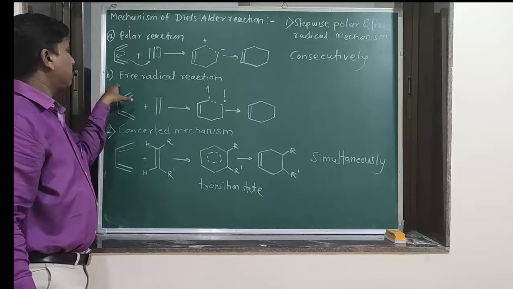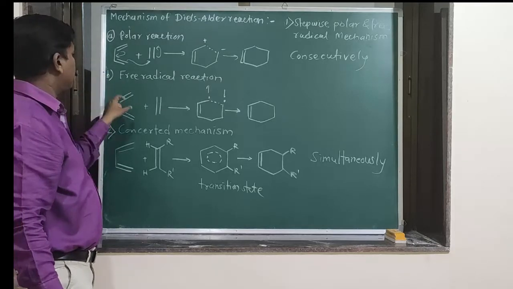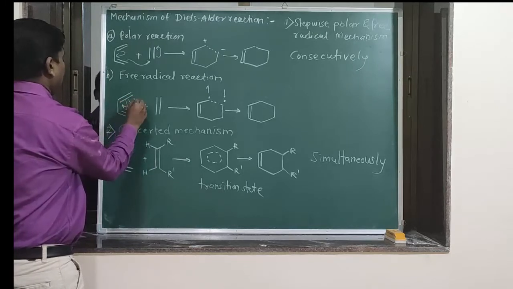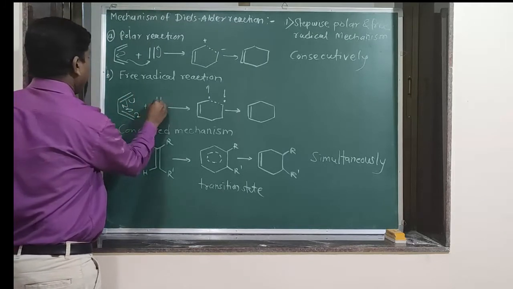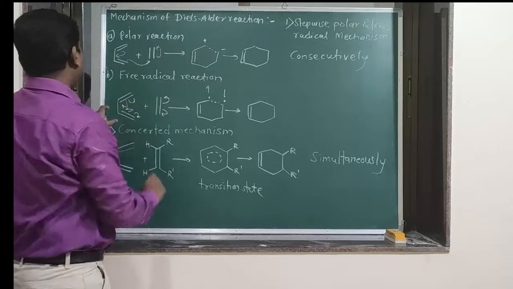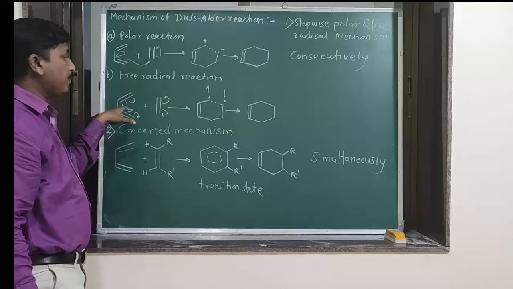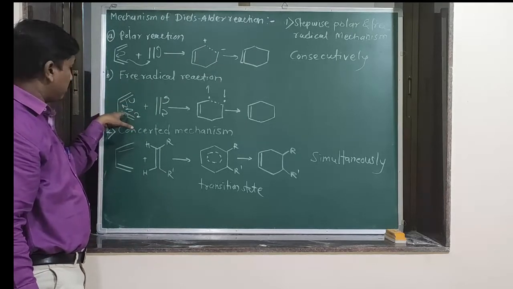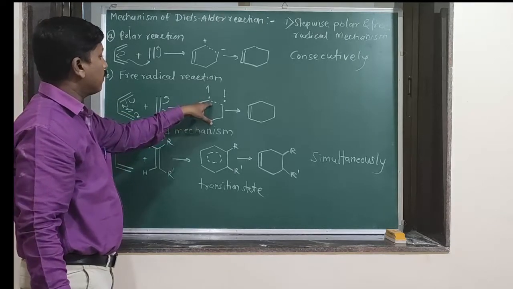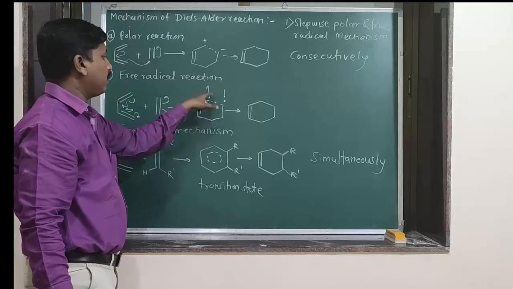Next one is the free radical reaction, which involves even breaking of the bond. This pi bond is broken evenly, that is symmetric breaking. Radicals are formed, that is, a diradical is formed, and the product is formed.